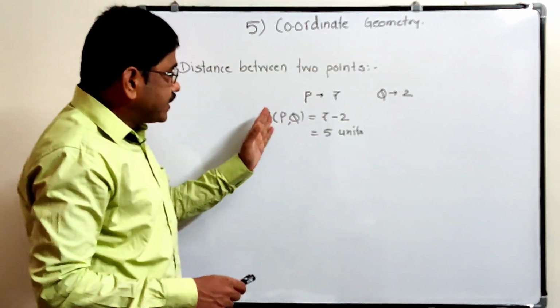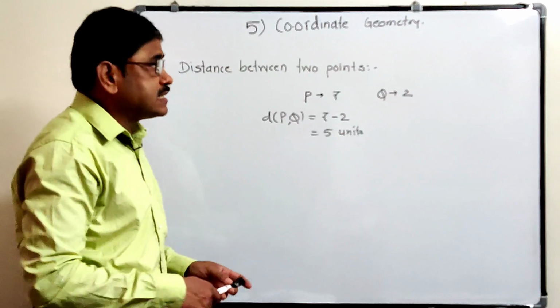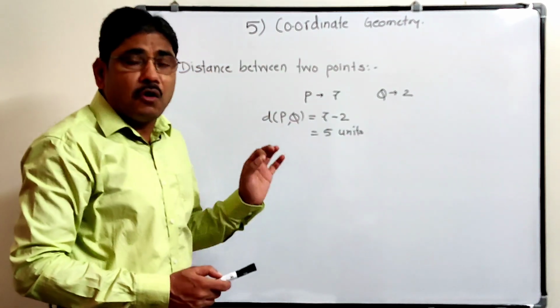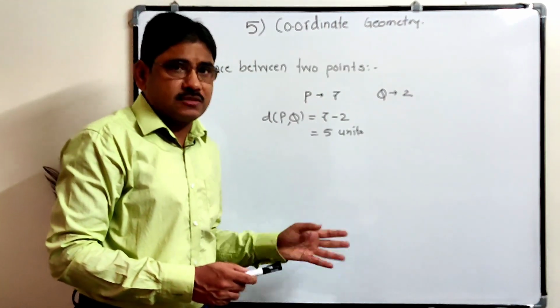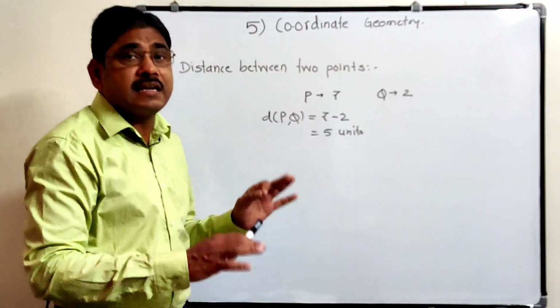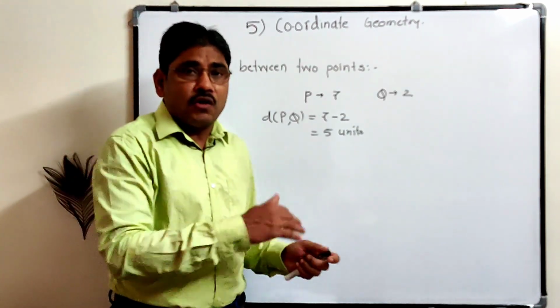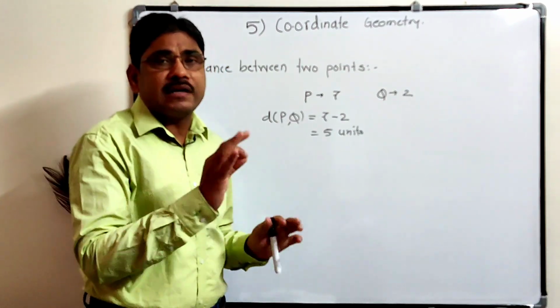Now here, these points are in a Cartesian coordinate system. Cartesian coordinate system is x-axis, y-axis like this. If the points are on the axis, means on x-axis or on y-axis, that x-axis and y-axis itself is a number line. X-axis is nothing but a horizontal number line and the y-axis is nothing but a vertical number line.